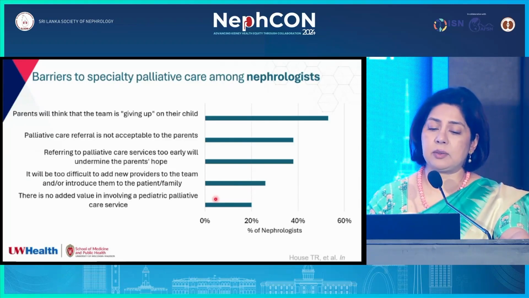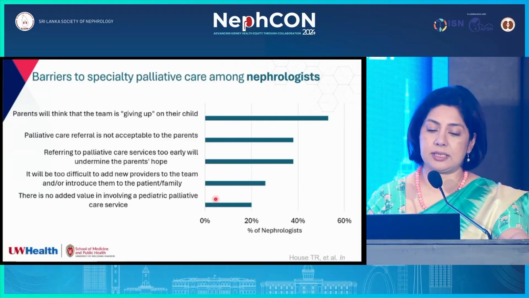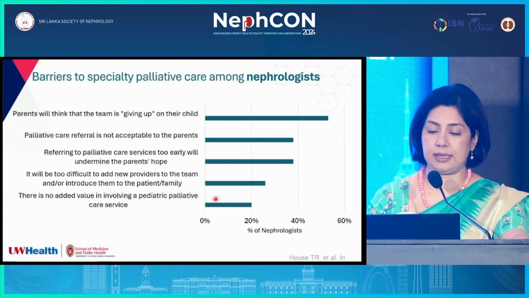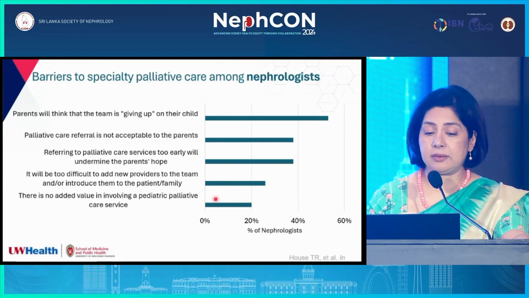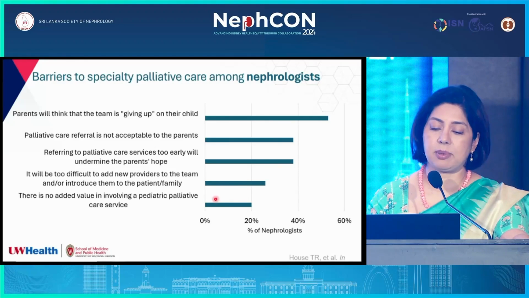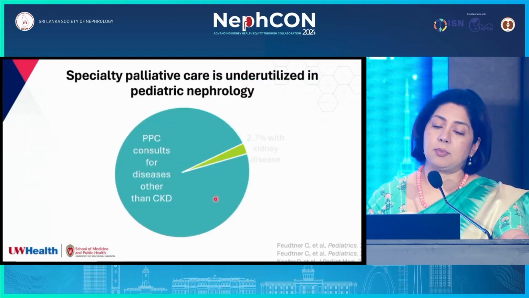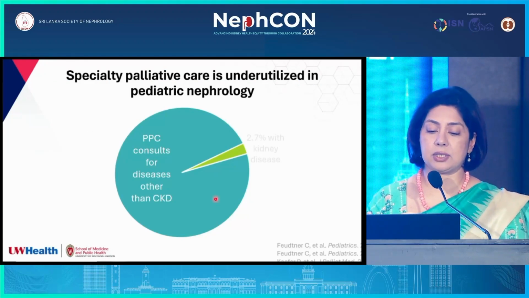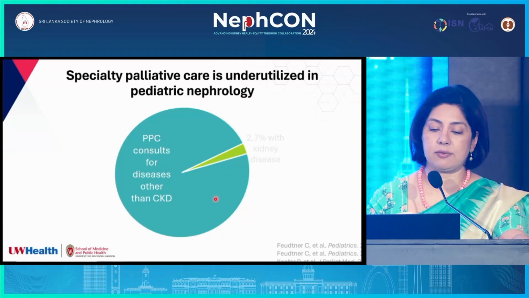We also believe that we don't want to burden patients and families with another visit and introduce them to another healthcare team. In the end, in this survey, we nephrologists believed that there may not be added value in adding a pediatric palliative care service. So as a result, supportive care measures are inadequate in pediatric nephrology patients.